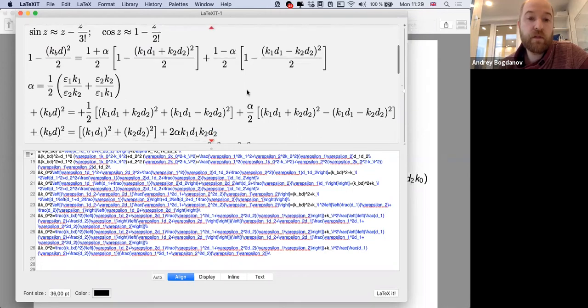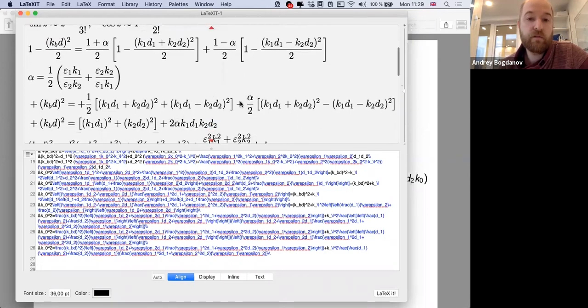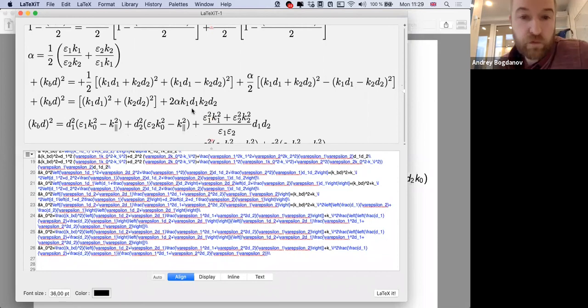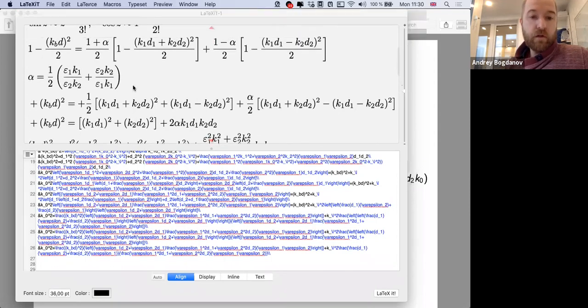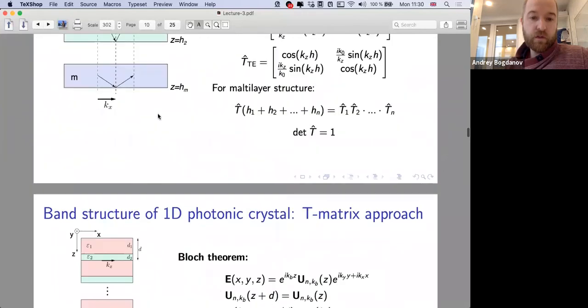But it seems that also correct. Alpha over 2 here, yeah? It seems that this is correct, and maybe the mistake is in the alpha, no? It seems it's correct, yeah. Let me check the expression for alpha, but I think it's correct.